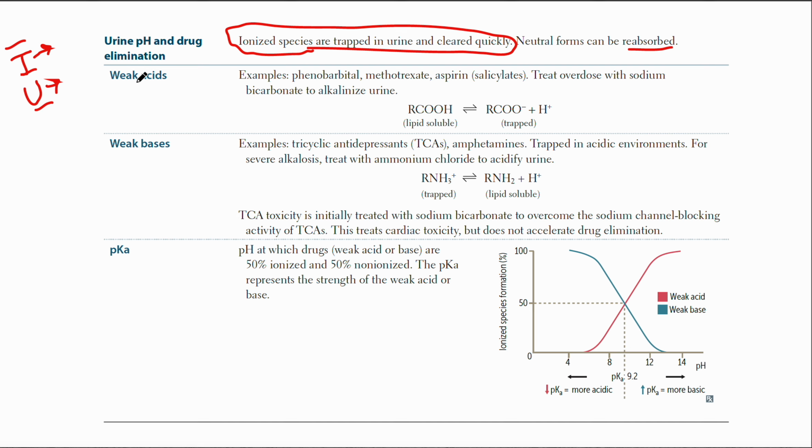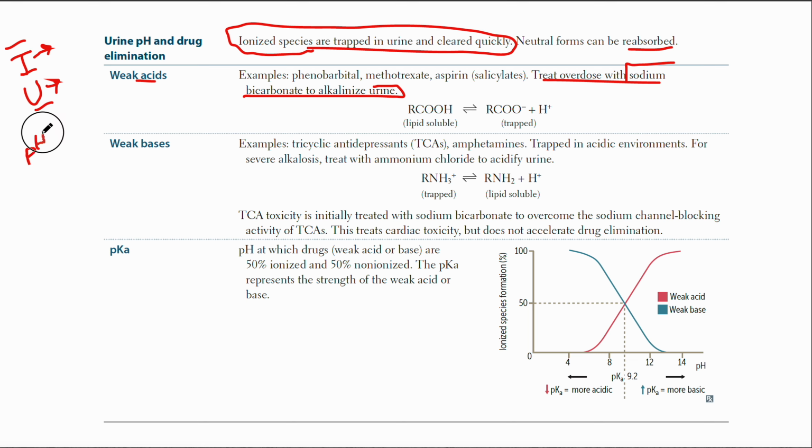And in weak acidic cases, like phenobarbital, methotrexate, aspirin, salicylates, or barbiturates, right? We have to treat overdose with sodium bicarbonate to alkalinize urine. So these weak acids get ionized in alkaline medium. So it's about pH and pKa actually, right?